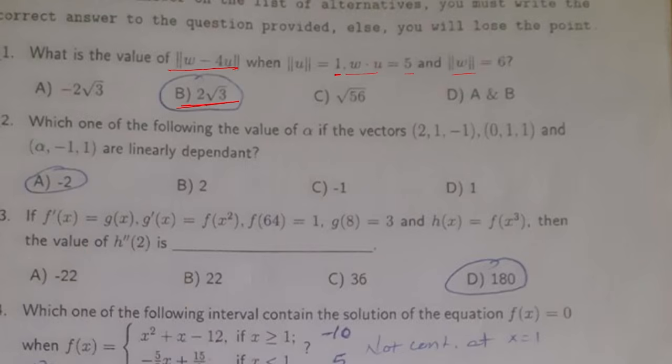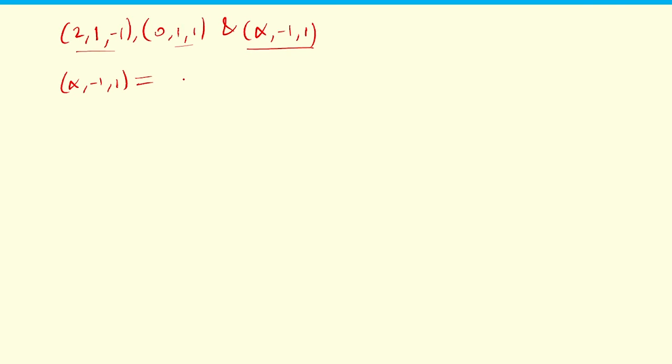So let's take the three vectors and write this vector as a linear combination of these two, because they are linearly dependent. Therefore, (alpha, -1, 1) is equal to a times (2, 1, -1) plus b times (0, 1, 1).